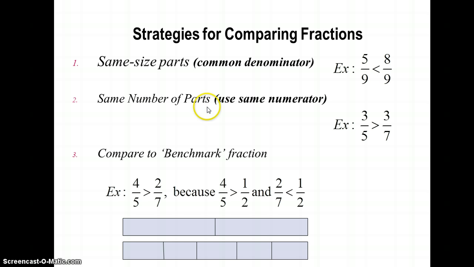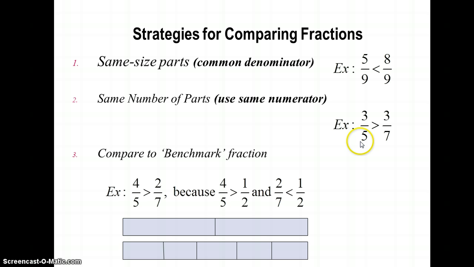The other way is sometimes it's easier or it's quicker to compare fractions if the numerators are the same, which we usually don't think about. We're basically saying here, this is like saying we have 3 divided into 5 parts, and here we have 3 divided into 7 parts. So 3/5 here is larger because I'm only dividing it into 5 parts.